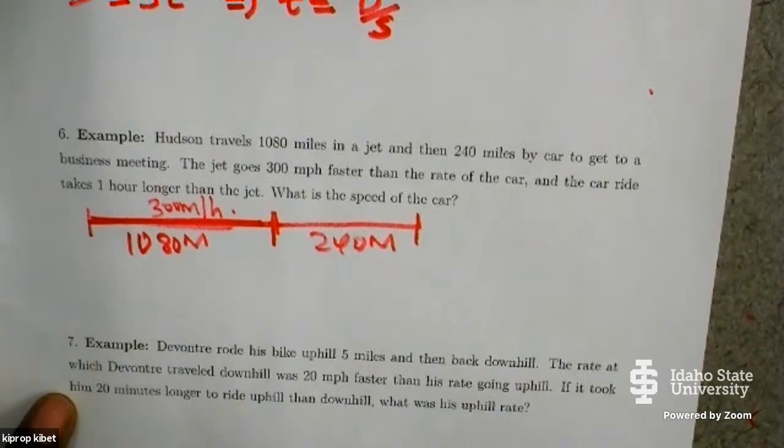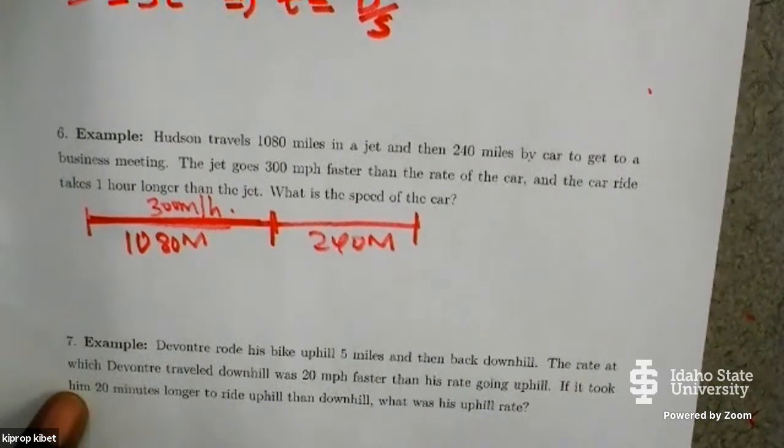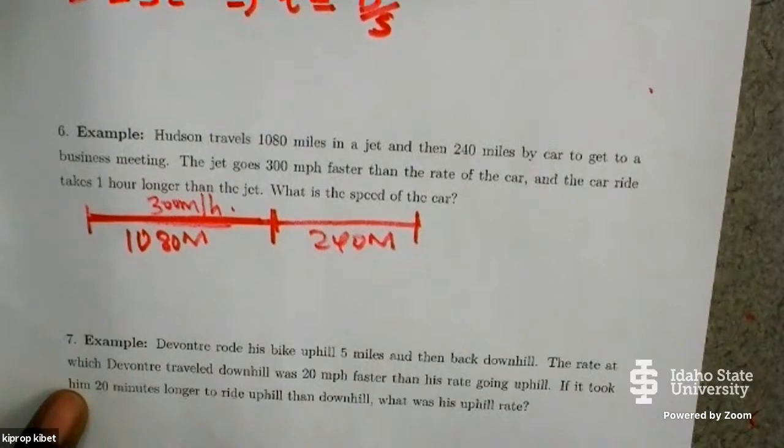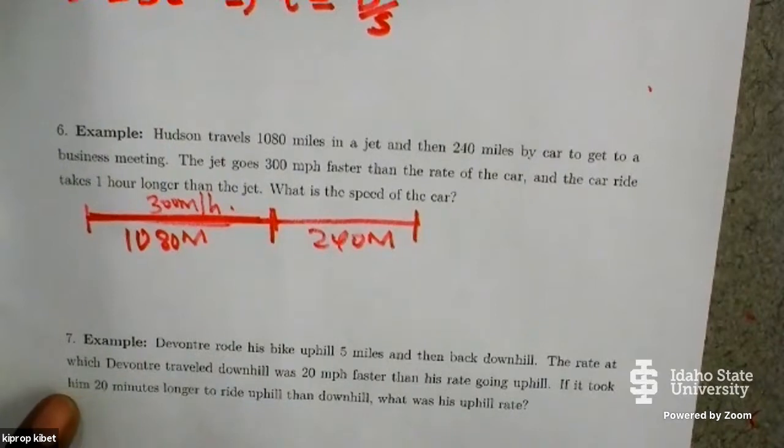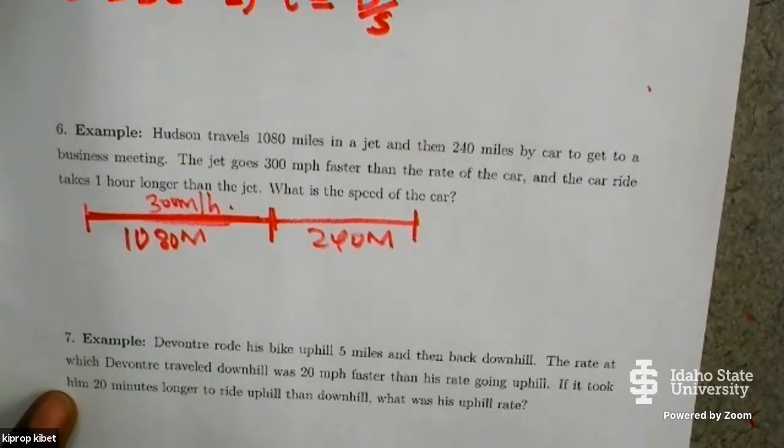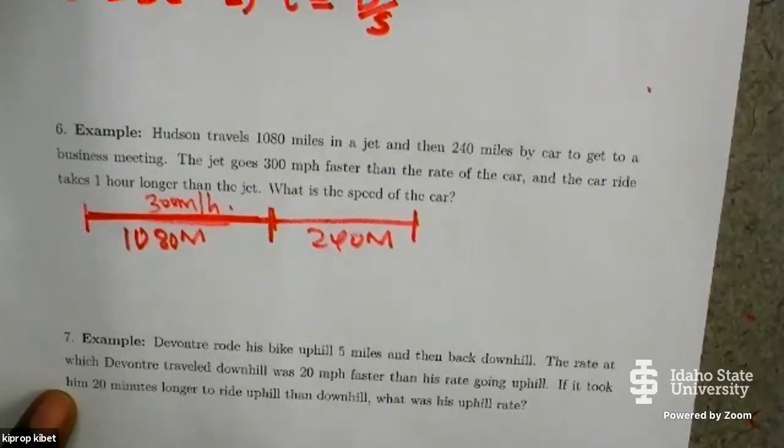And the car ride takes 1 hour longer than the jet. Oh, they're not traveling the same distance. It's 108 miles for the jet and 240 for the other one.